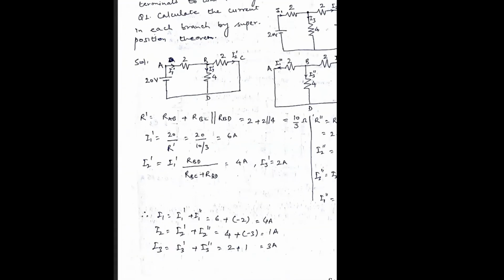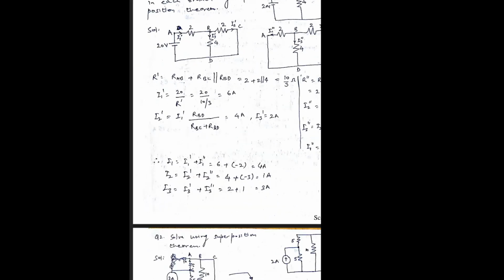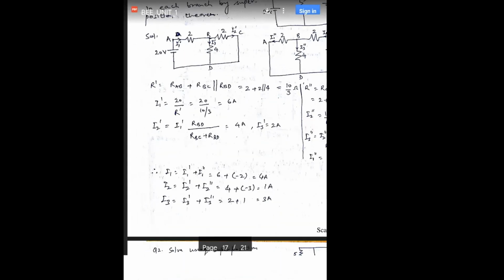So we will take one voltage source at a time, and the current is calculated, and after the current is calculated for both these circuits, we will add them algebraically. Okay, so considering the 20 volts battery first, and we will short the other source.